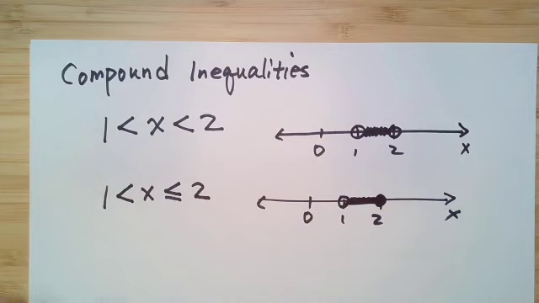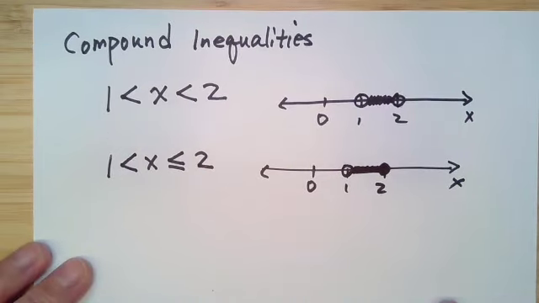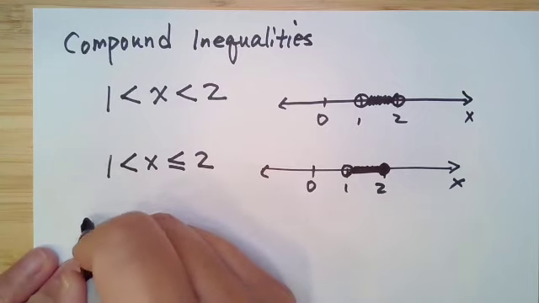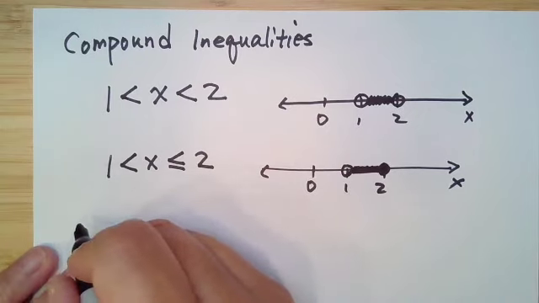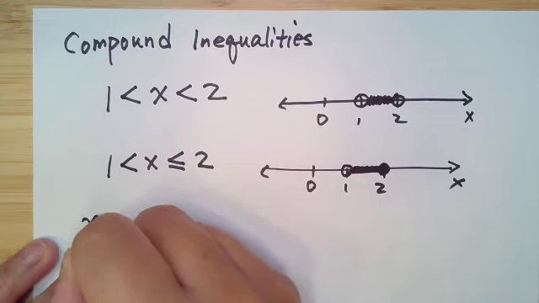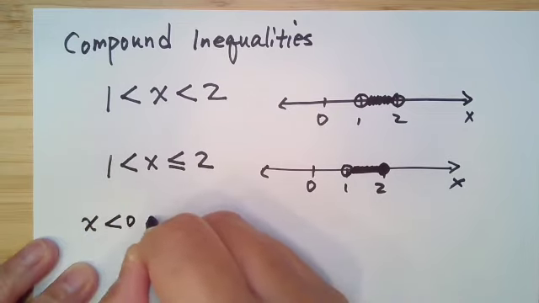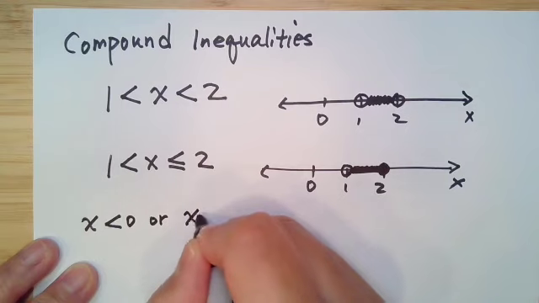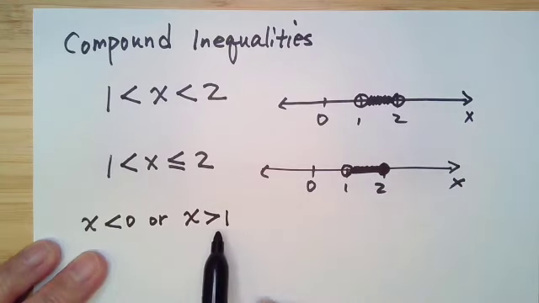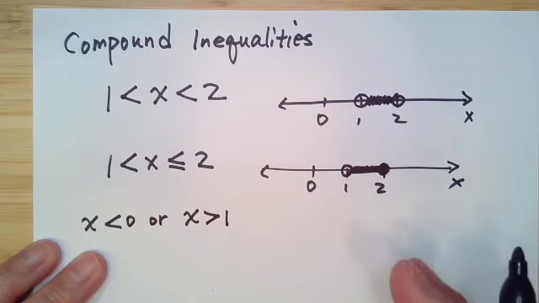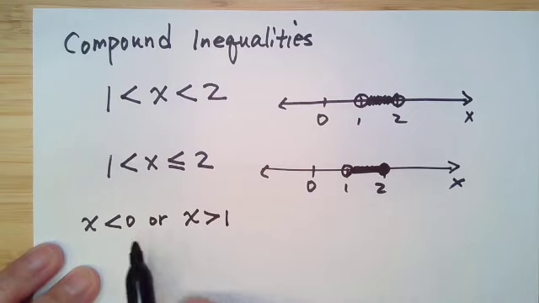There is another kind of compound inequality, looks like this: x is less than 0 or x is greater than 1. Now these two, if x is greater than 1, that could be like 1.1 or 5 or 10, but less than 0 is a negative number. So there's nothing in common.